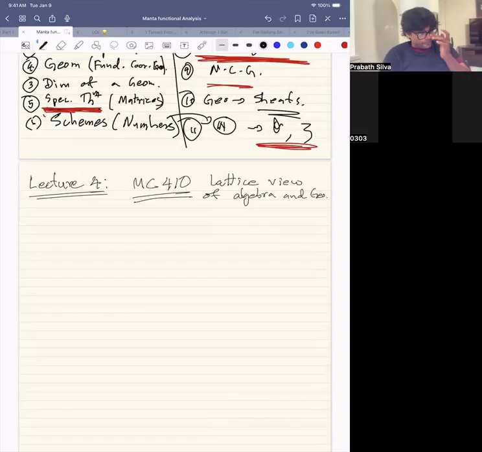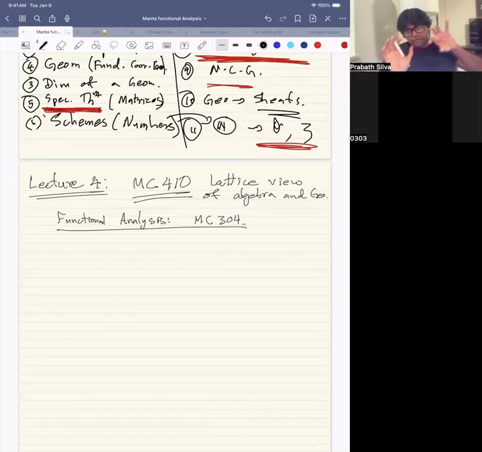And then functional analysis is just MC 304. This is just the usual textbook course, and you have to follow these two things at the same time.